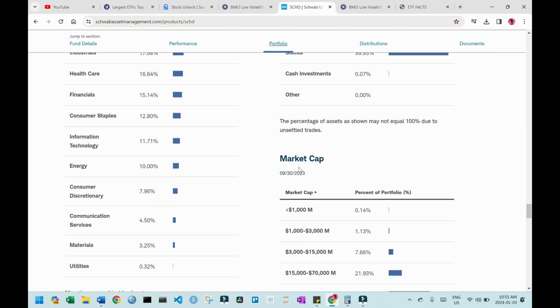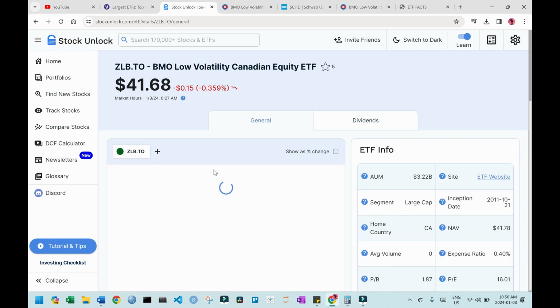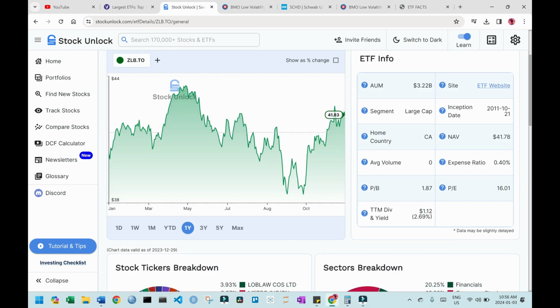But sometimes if you don't want to go to the actual fund website, you could look on something like Stock Unlock, which is a website I recently came across. I tried a free trial, which is something you can do as well, and type the ticker in, and you get some basic information here, the general information, which is the assets under management, which we discussed.